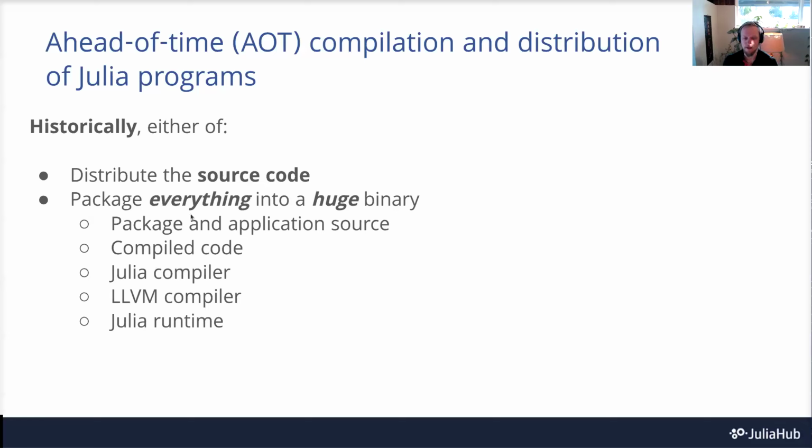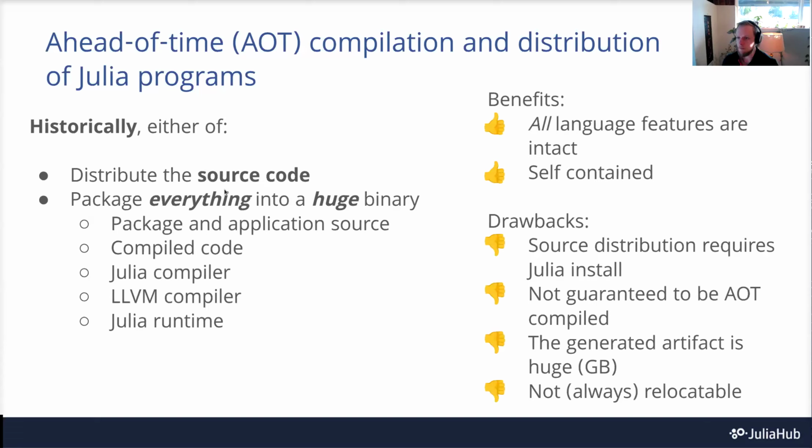And when I say everything, I mean the package and all application source code, any package I depend on, all the compiled code, the Julia compiler itself, the LLVM compiler and the Julia runtime. And that has a number of benefits. If I do that, I can use all language features, and you can also use all language features on your side. And it's nice and self-contained.